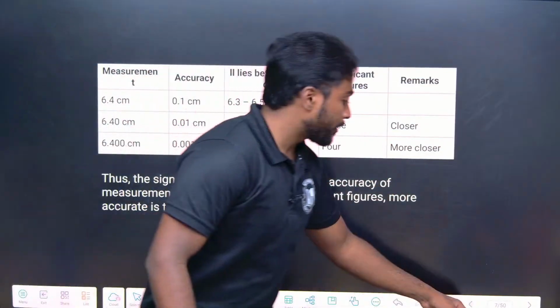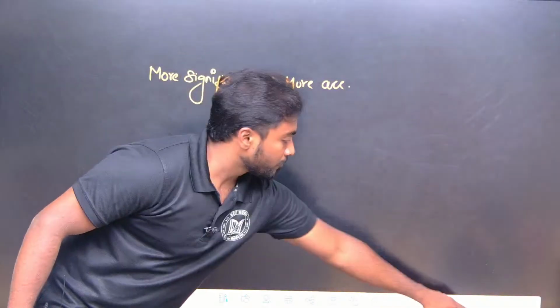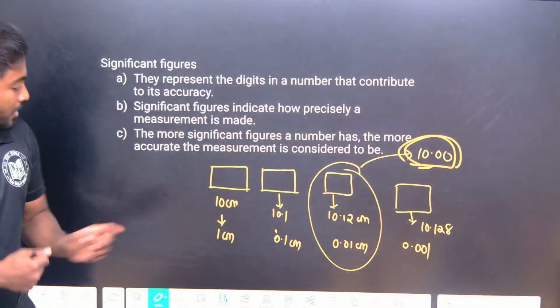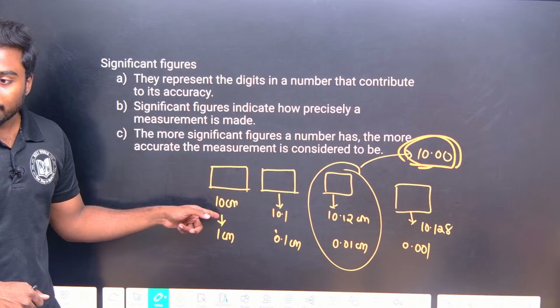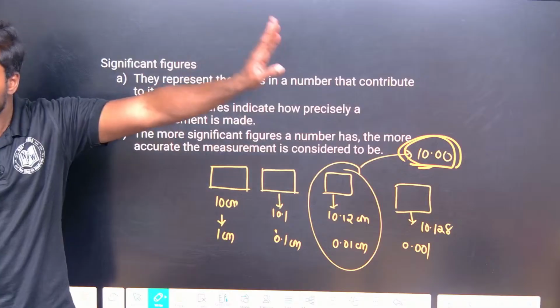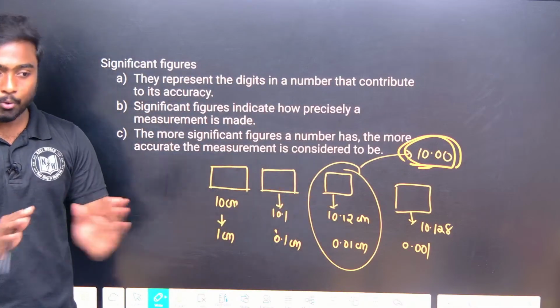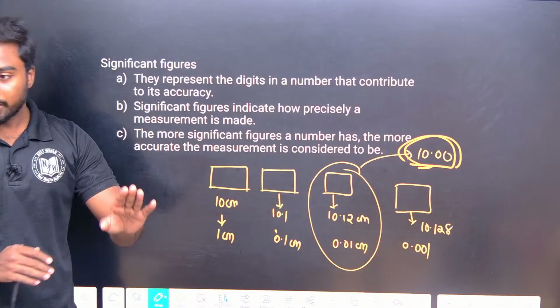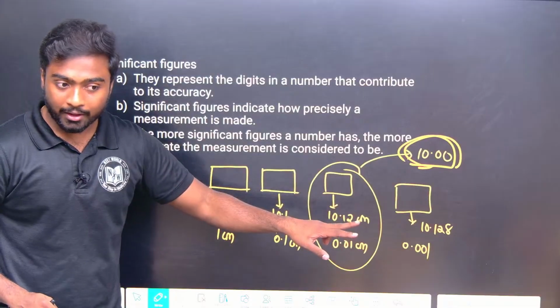Now come to that point. In this case you asked, so here 10 centimeter was there. How many significant? 1. Don't see the rules. Initially we have seen that counting numbers are significant before seeing the rules. So here 3 significant, here 4 significant, right?